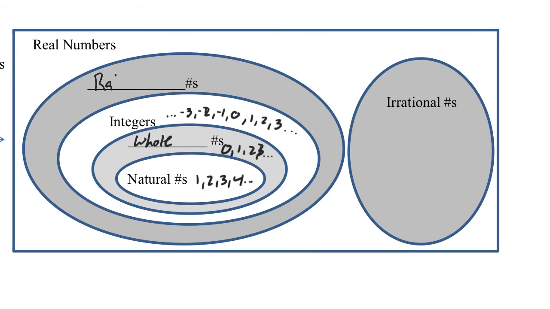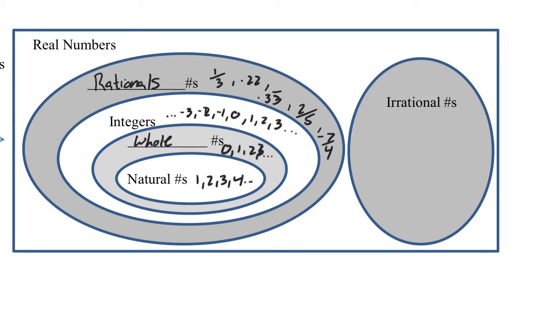All right, so then we get even less restrictive and we get into the rationals. Now we're letting in the fractions, we're letting in the decimals. We have our 1/3 or 0.22, 0.33 repeating, 2/5, -7/4.